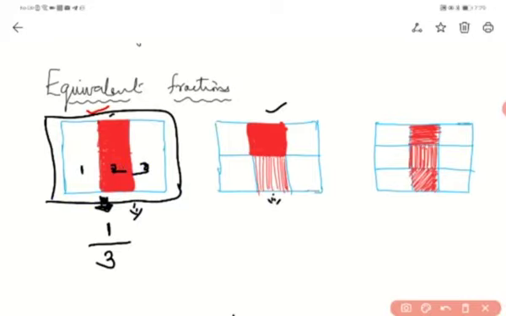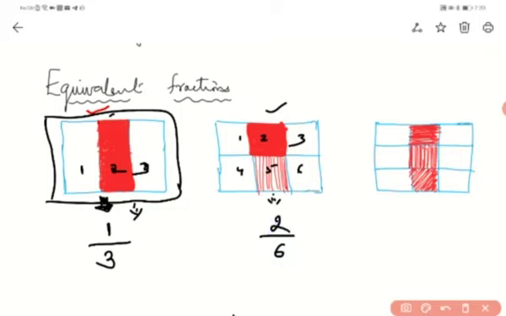It has how many regions? 1, 2, 3, 4, 5, 6. It is divided into 6 regions, so I will take this as 6. And the shaded parts are only 2, that is, two parts are shaded. So my fraction will be 2 by 6.